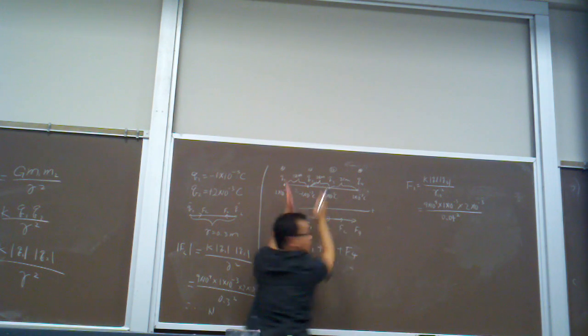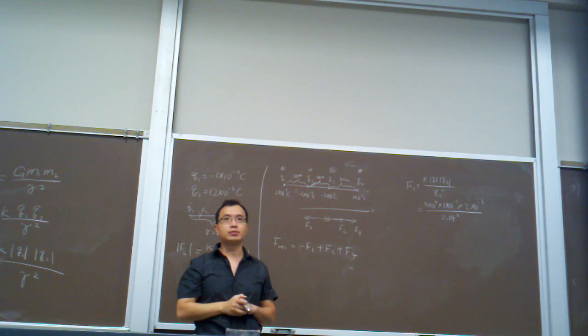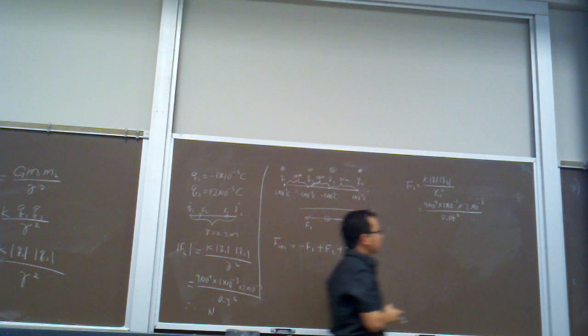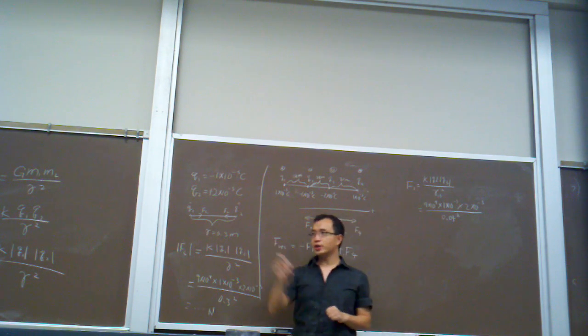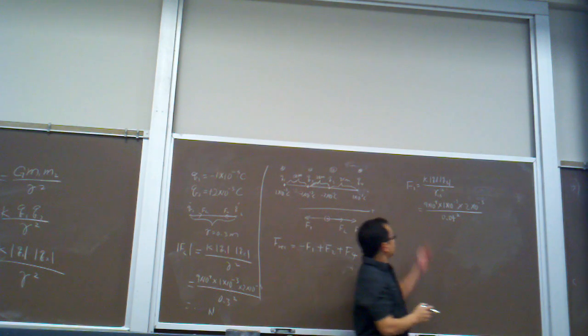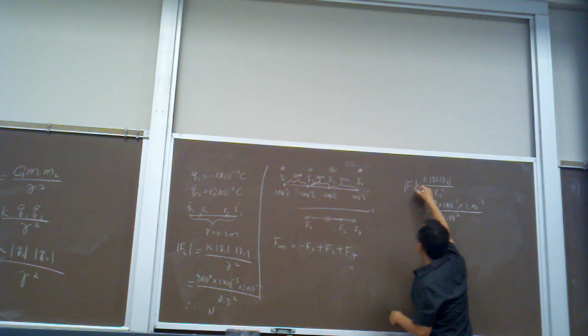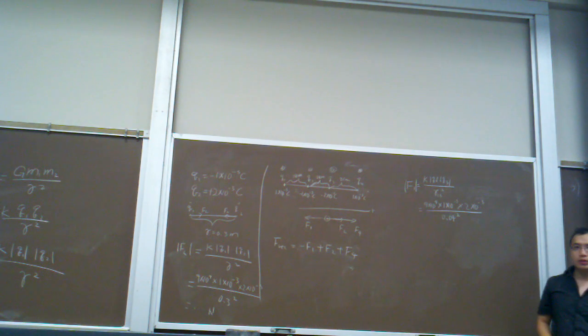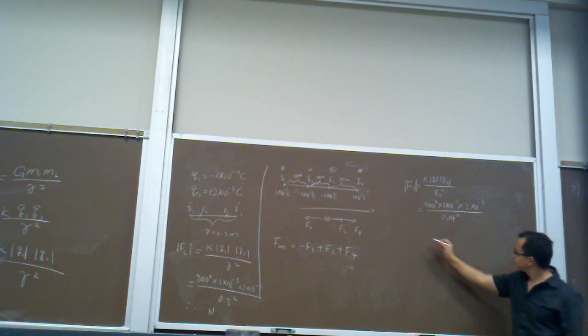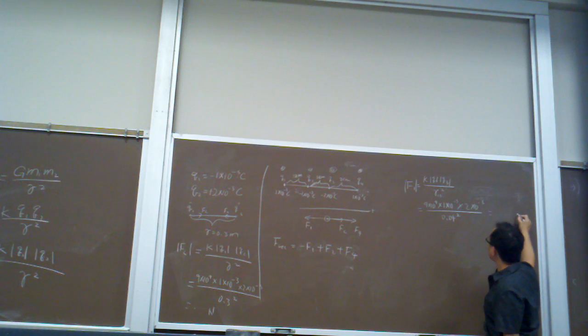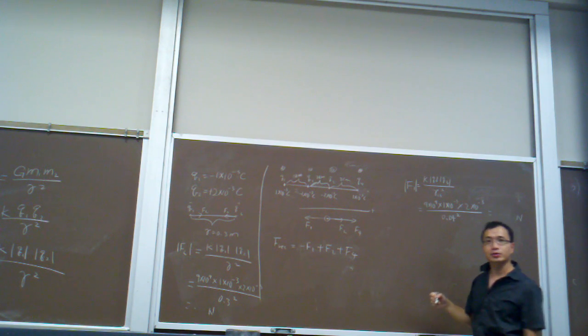So the distance between 1 and 3 is 4 centimeters, 0.04 meters. Why is it positive 2 times 2? During this calculation, we actually calculate the magnitude of the force. And then you get some number. I'm not going to do this calculation.